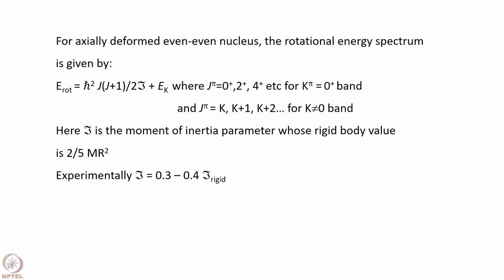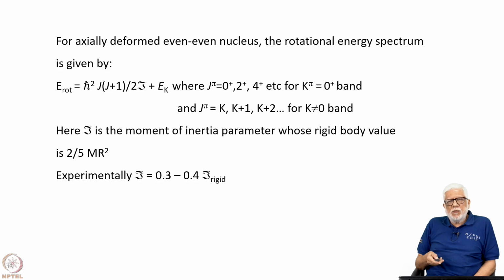Now, for an axially deformed even nucleus, the rotational spectrum turns out to be given by ħ² J(J+1) divided by 2 times a moment of inertia parameter, plus the starting energy E of K. Here the J^π is equal to 0+, 2+, 4+ for a K^π equal to 0+ band, and J^π is equal to K, K+1, K+2 for K not equal to 0.